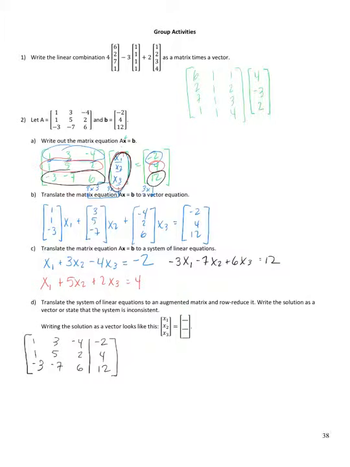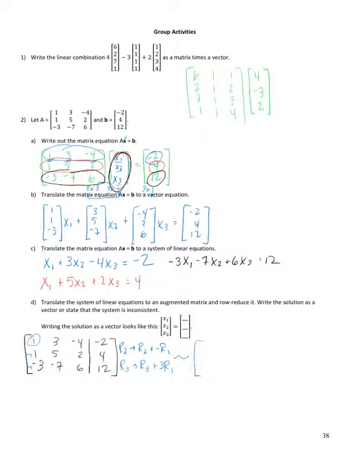So to row reduce, I want that entry to be a 1, so that's done, and then I need to knock out everything beneath it. So I'm going to make 2 moves at once here. I'm going to replace row 2 with itself plus negative row 1. And I'm going to replace row 3 with itself plus 3 row 1.